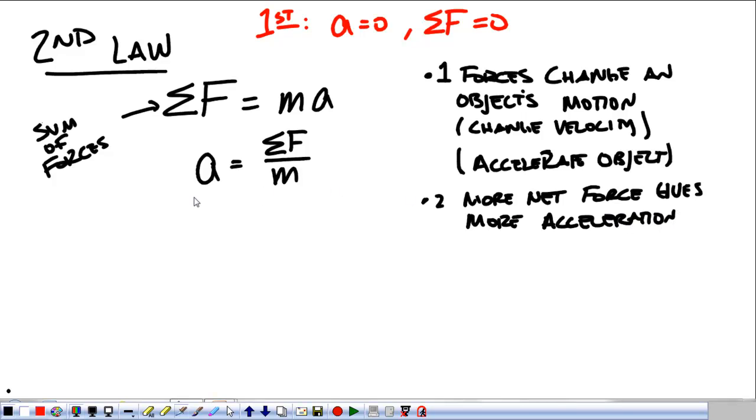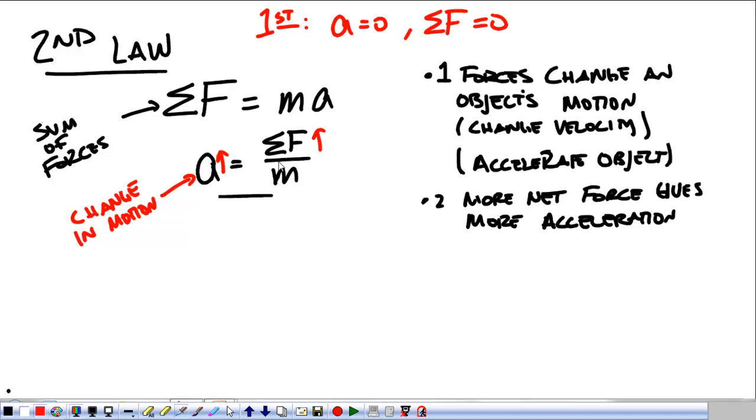So if we look at this, another way to talk about acceleration is to talk about it as change in motion. If the force goes up, then the acceleration has to go up.